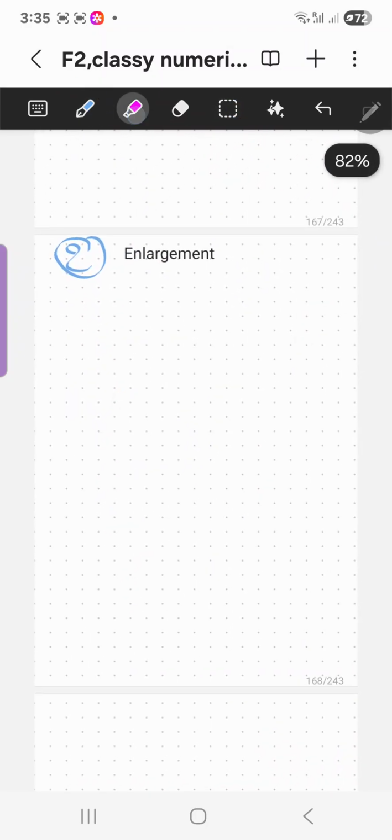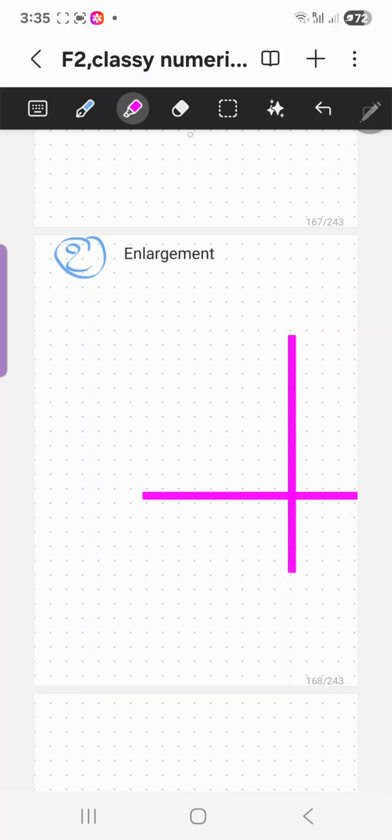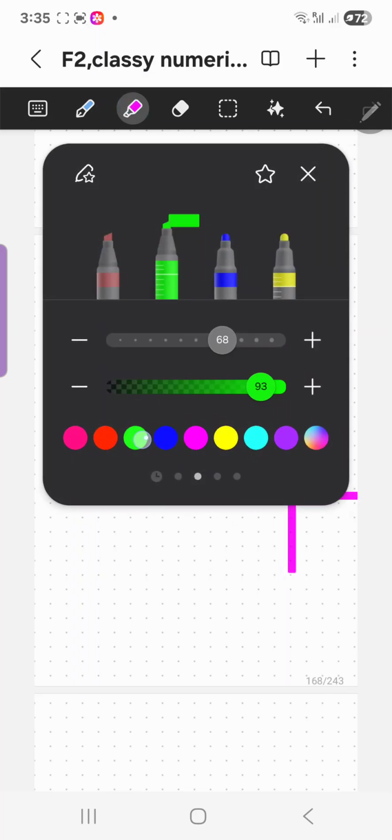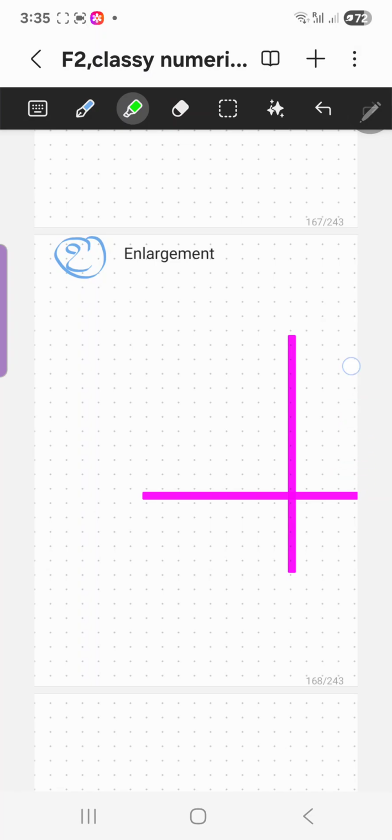And also in enlargement we have to say 3 things. Number one, it has been enlarged. Number 2, maybe it becomes bigger or smaller, remember.